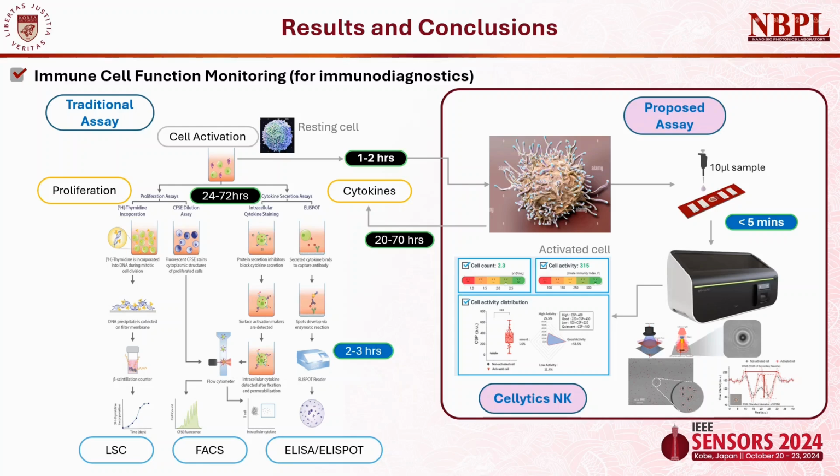But on the other hand, with the Cellytics platform, we can analyze the cell activity in under 5 minutes, using just 10 microliters of a sample. This new approach is much faster and more efficient compared to the traditional method, significantly reducing the time. And it offers great potential for both research and clinical application.